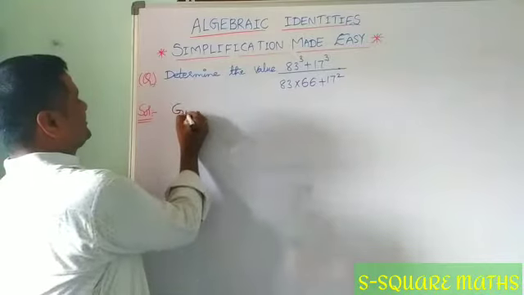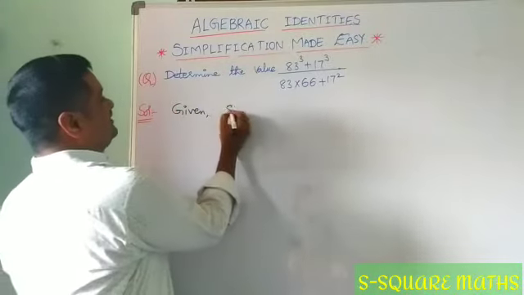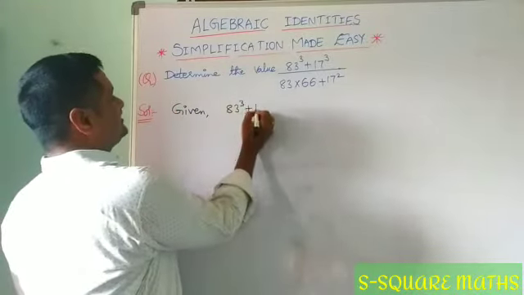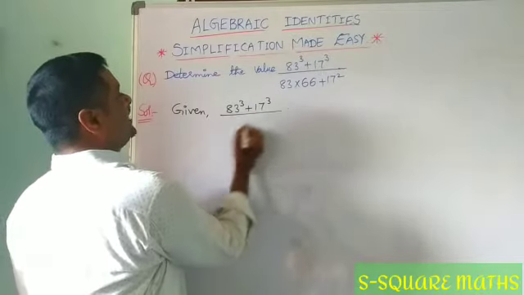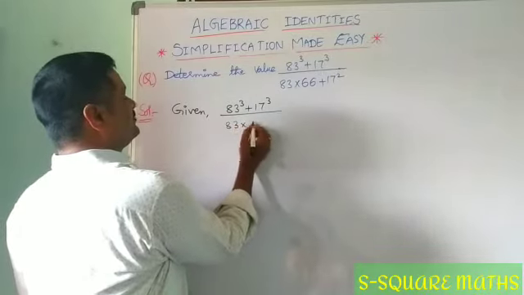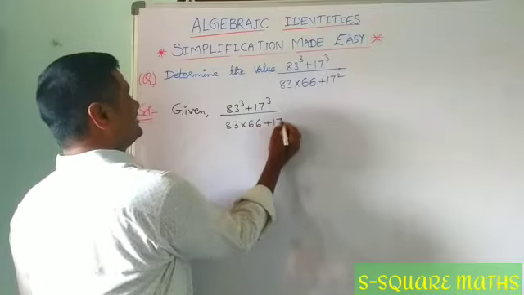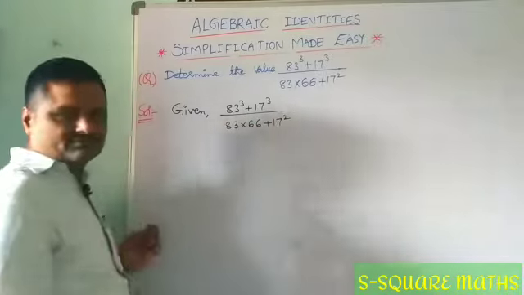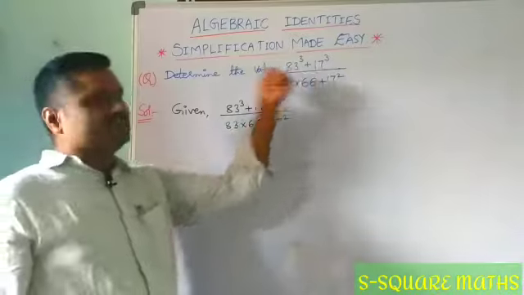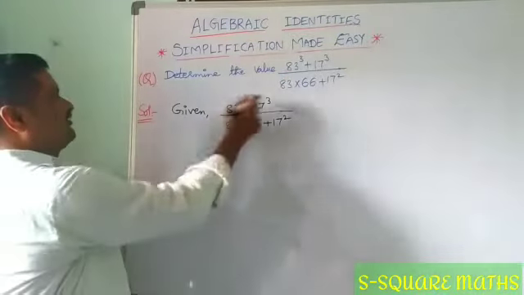Our given expression is 83 cubed plus 17 cubed by 83 into 66 plus 17 squared. By seeing the numerator, it is in the form of a cubed plus b cubed.